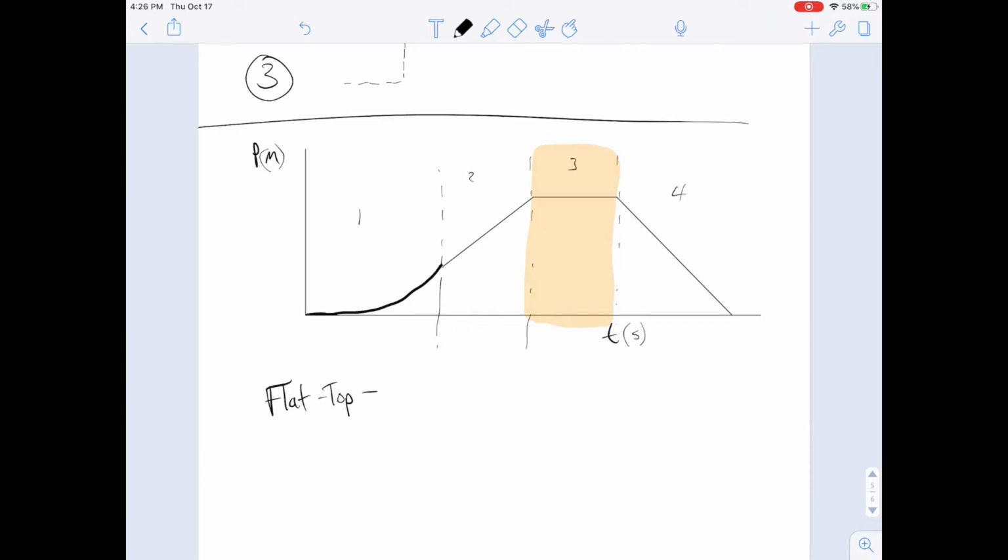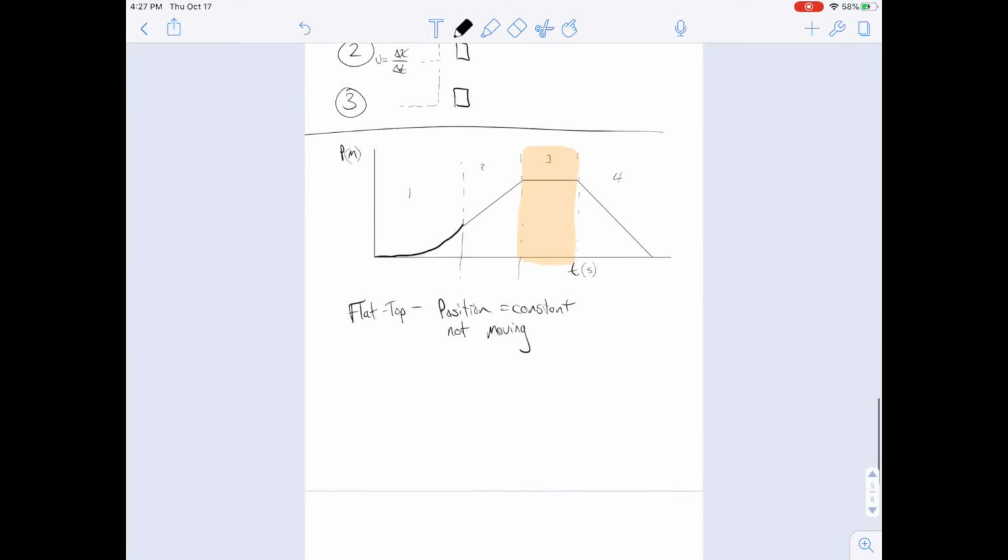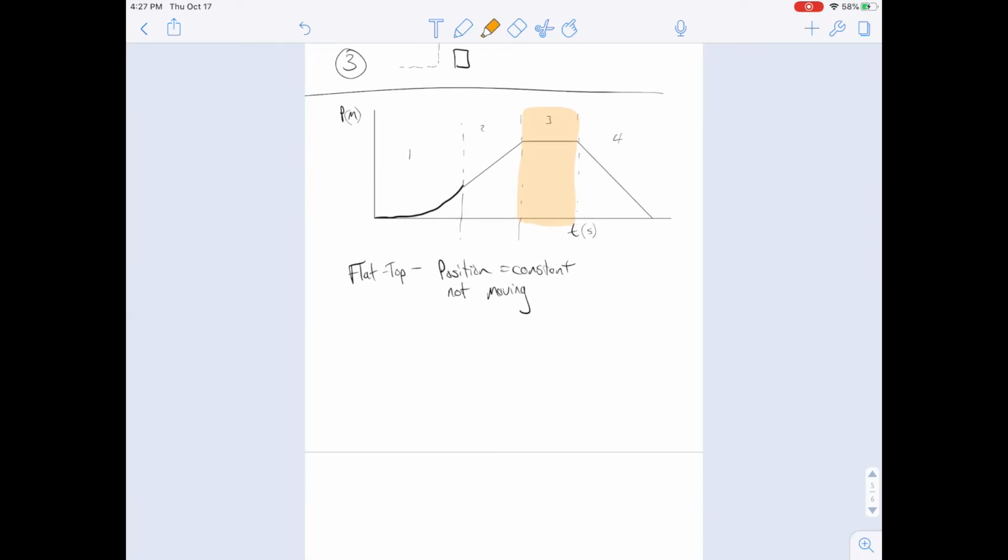It means that the position is constant, but that's fancy. Why say it in the fancy way? It means that it's not moving. And we'll return to these 4 scenarios in a second. So a flat top means that it's not moving.